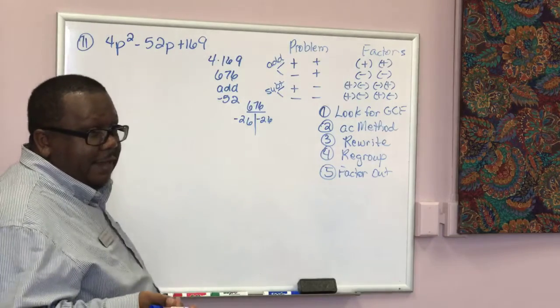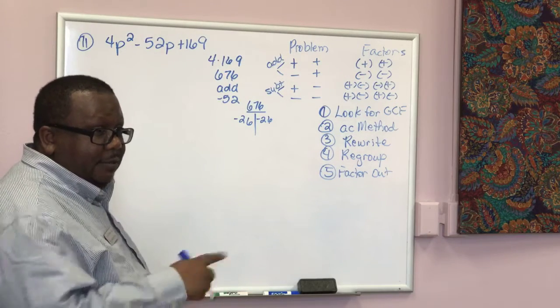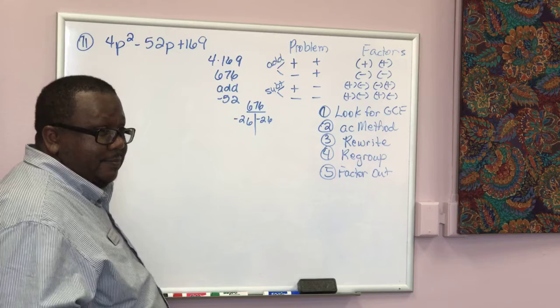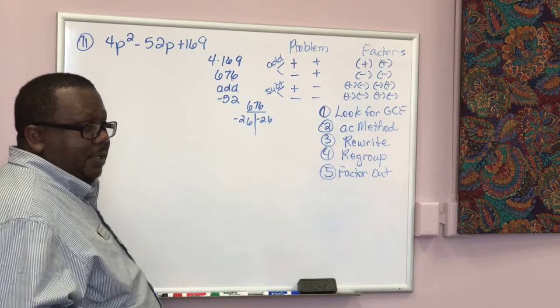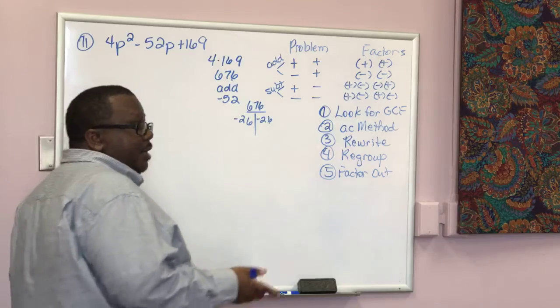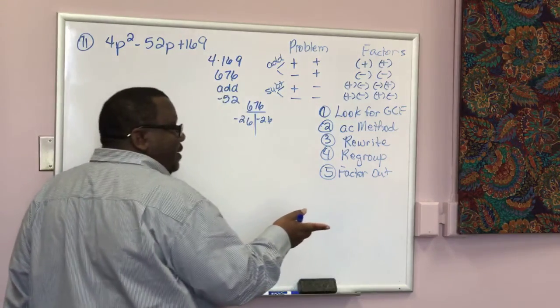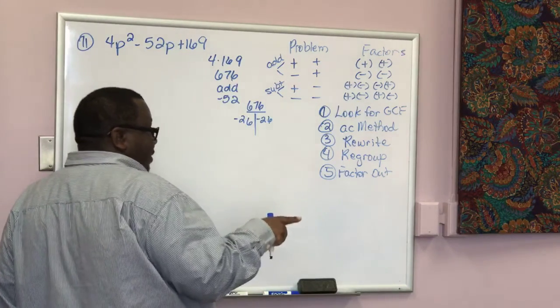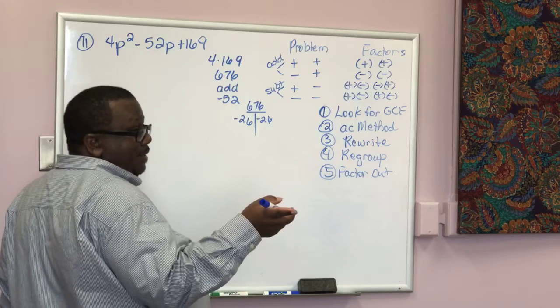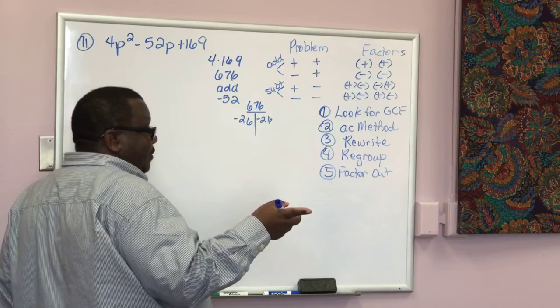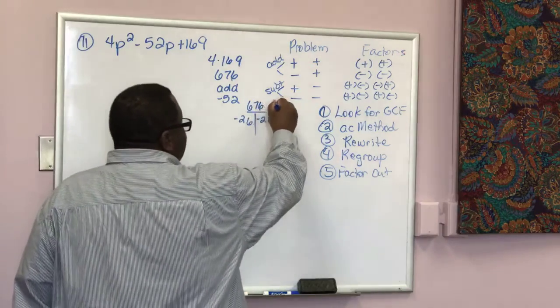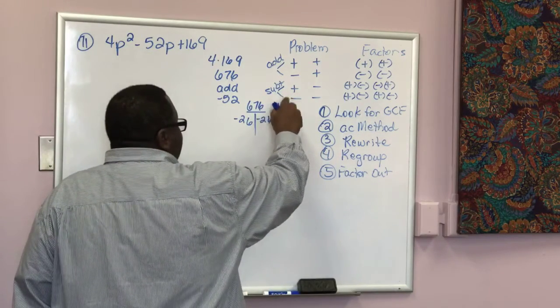If it takes you a while to find those factors, go on to the next problem and come back to it later. Can we just square root it? Yes, you can. Sometimes. I'm talking about with big numbers. Sometimes, yes, but not all the time. I think I brought that out yesterday, didn't I?